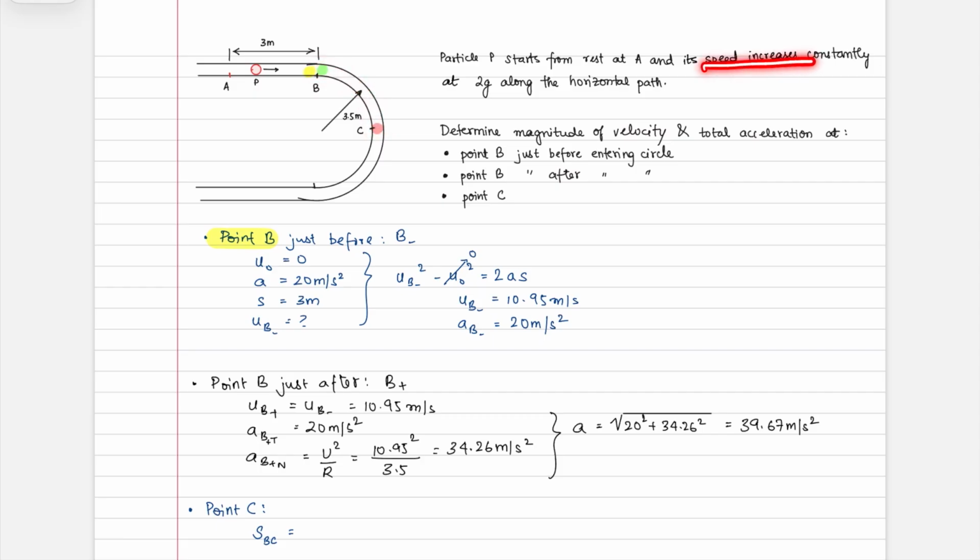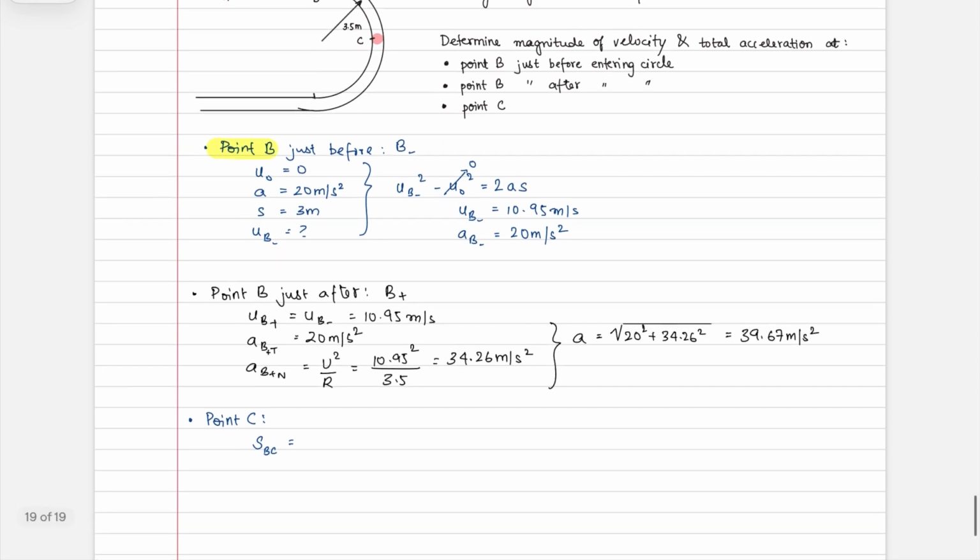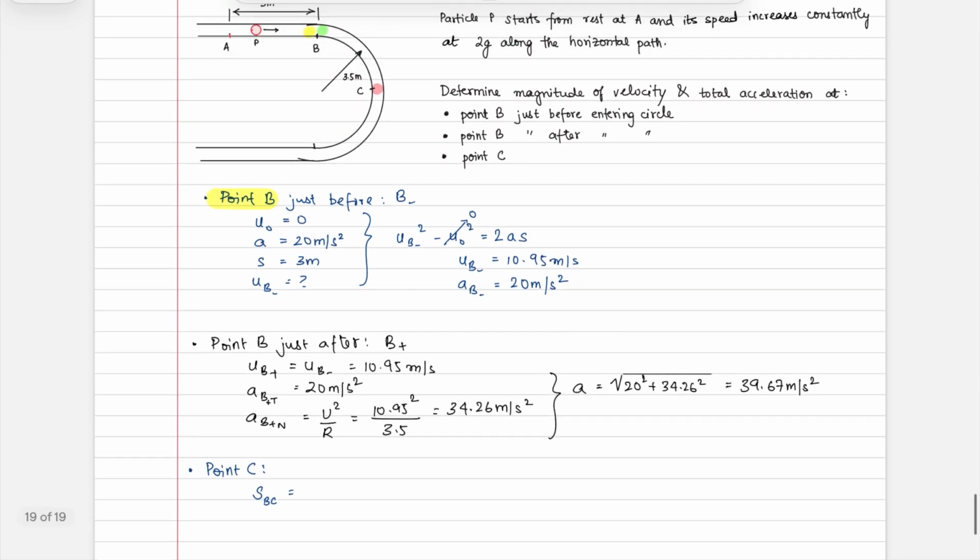Note here that the speed is still increasing constantly, which means whatever speed here, now as it goes through this distance, it is still continuing to increase at 2g. So here the distance is arc length, which is 3.5 times the angle in radians, that is pi by 2.